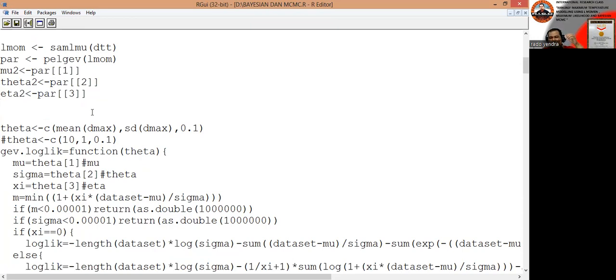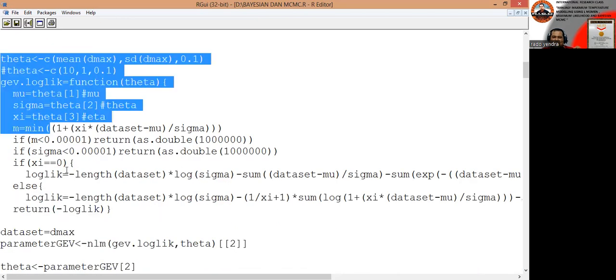You can come to www.radioinstitute.com, and there you can find our discussion about the likelihood method and the Bayesian Markov chain Monte Carlo method. So in this program, we just run them.